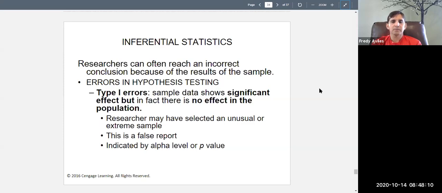Maybe you selected, for instance, men that are just a little bit more knowledgeable than the women on average. In the population, let's say there's no such difference, but you selected your sample such that the men are basically a little bit more advanced than the women. So in other words, you found a difference in your data, but there is no real difference out there.